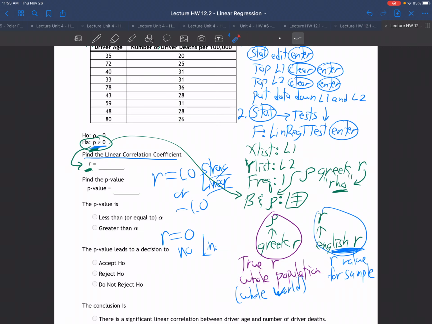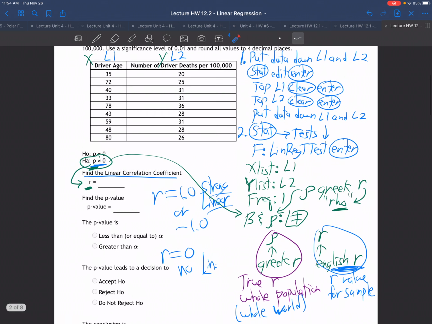What's the linear connection for the whole world? Is there a relation between driver age and number of deaths for the whole world? Or maybe the sample is just lucky, right? That's what it's all about. Hope you're making sense of that, and that's always the case throughout the course.